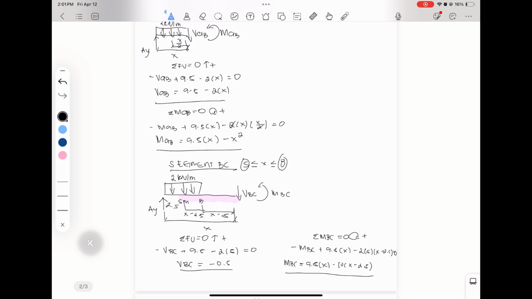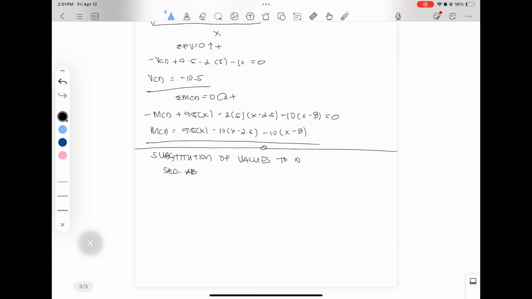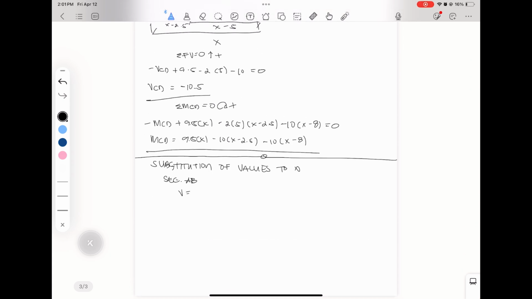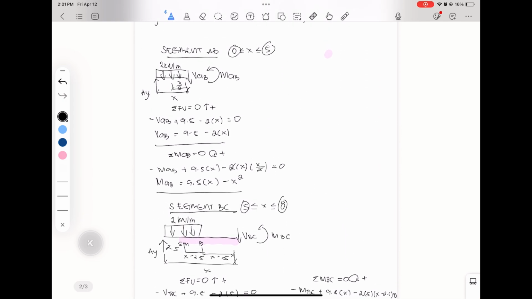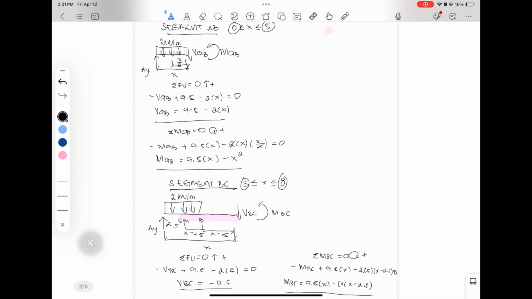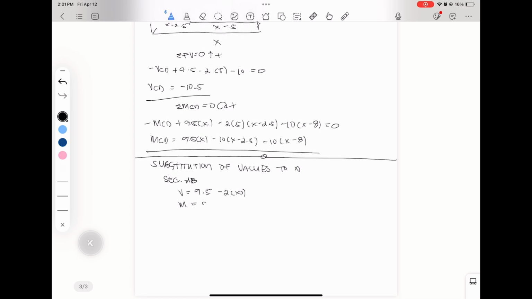Segment AB is 9.5. So V is equal to 9.5 minus 2x, and moment is equal to 9.5x minus x squared.